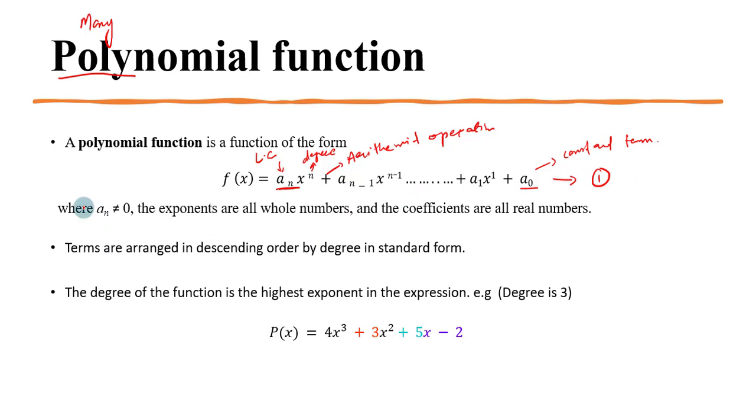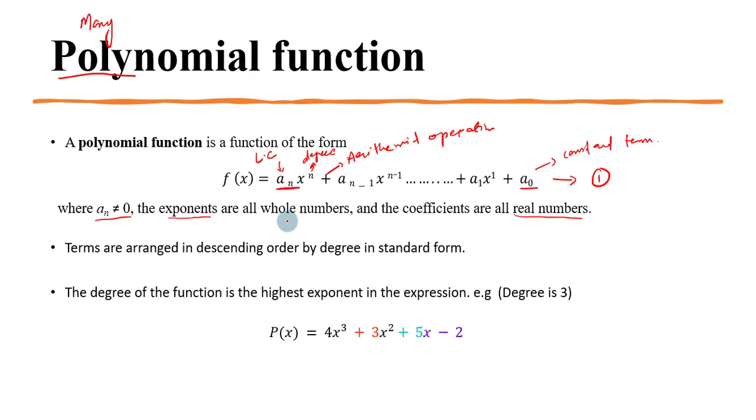So remember that whenever we have a polynomial function, a n cannot be equal to 0. The leading coefficient can never be equal to 0. The constraint on the exponents is that they always have to be whole numbers, and the coefficients are always real numbers. So the degree or the power always has to be positive.